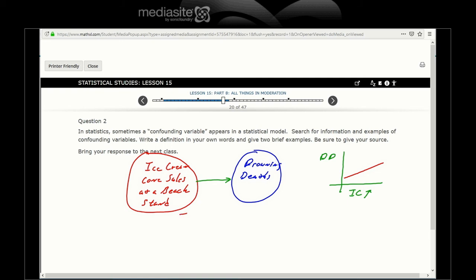So the conclusion: ice cream cone sales results in drowning deaths. Real good correlation. Therefore, you must have causation.